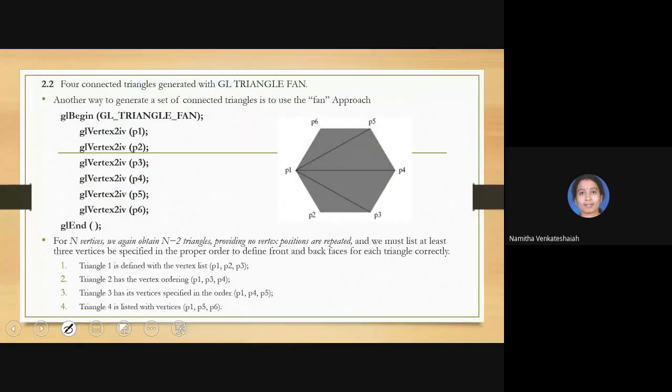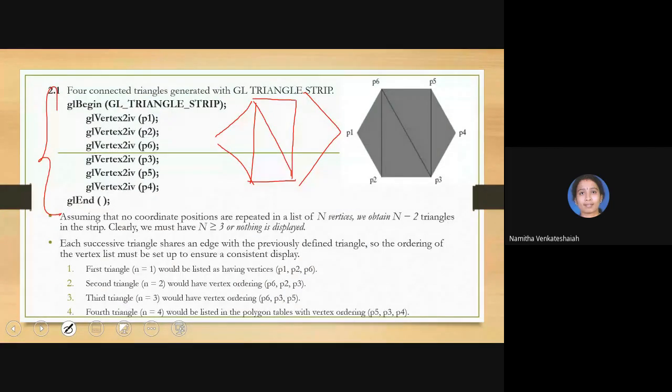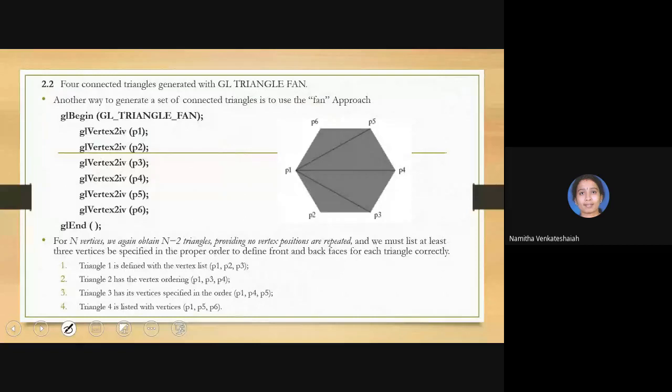P1 and P3 are used as the edge. Very important. In the strip, P2 and P6 were used as the edge, but here P1 and P3 are used as the edge. That is the difference between fan and strip.